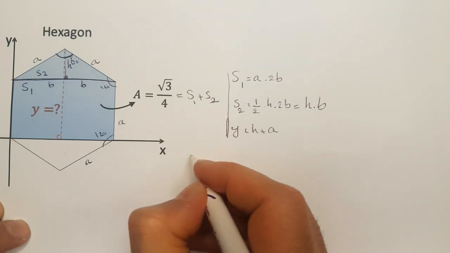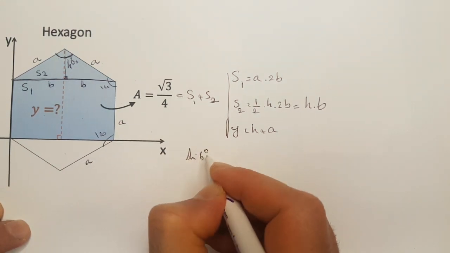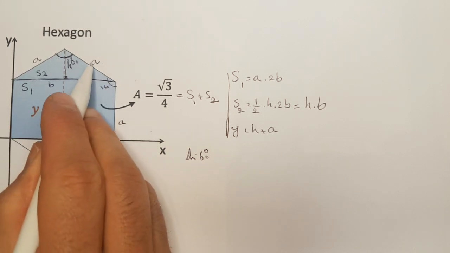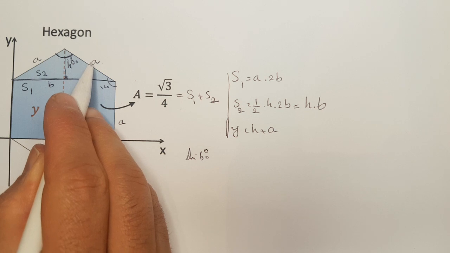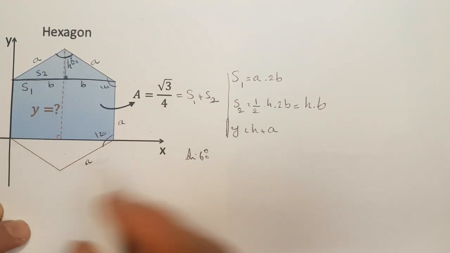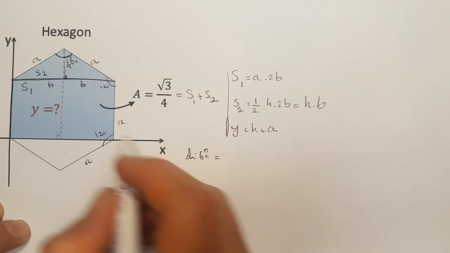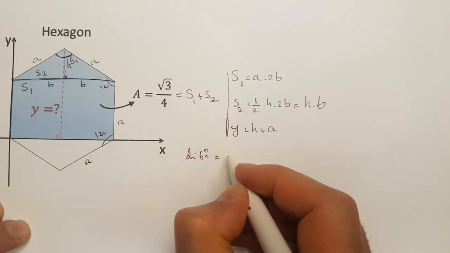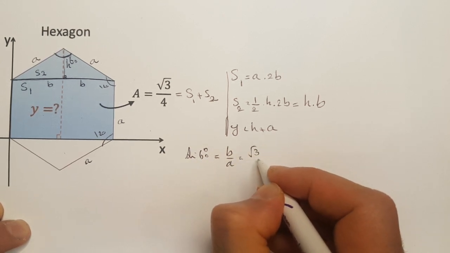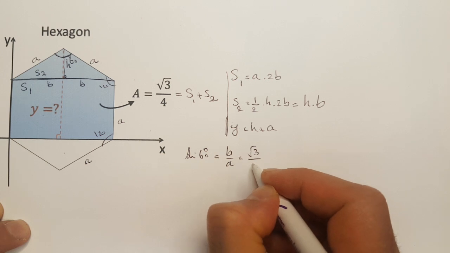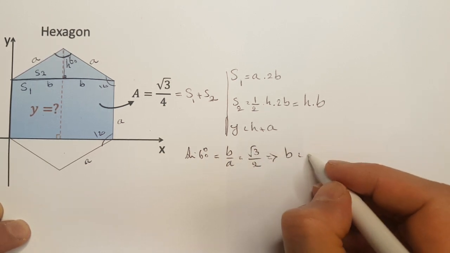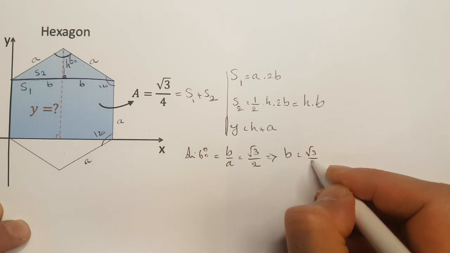Then sine of 60 degrees will be the opposite leg over the hypotenuse of this right triangle. Then sine of 60 degrees will be equal to b over a. Sine of 60 degrees is square root of 3 over 2. Then from here, b will be equal to square root of 3 over 2 times a.